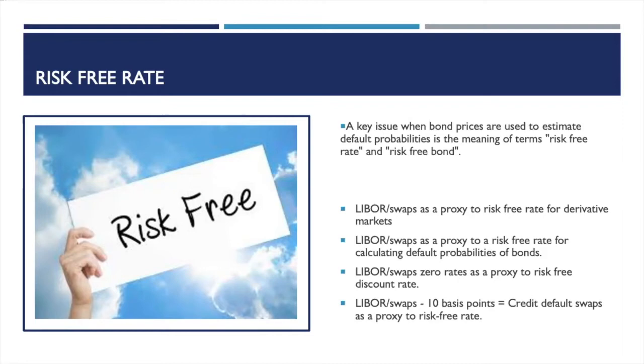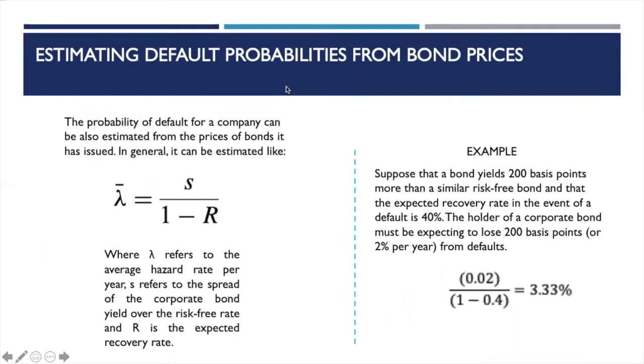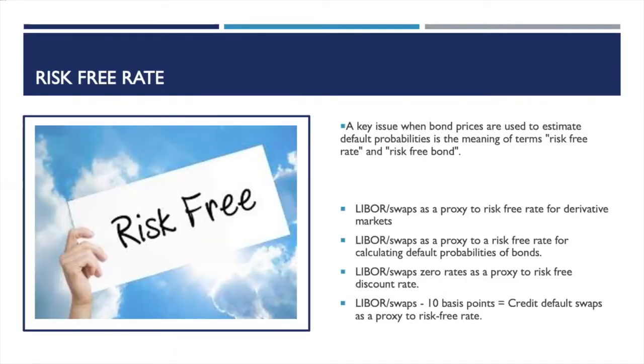For example, when they determine default probabilities from bond prices, the spread shown in the equation on this slide is the spread of the bond yield over the LIBOR/swap rate.